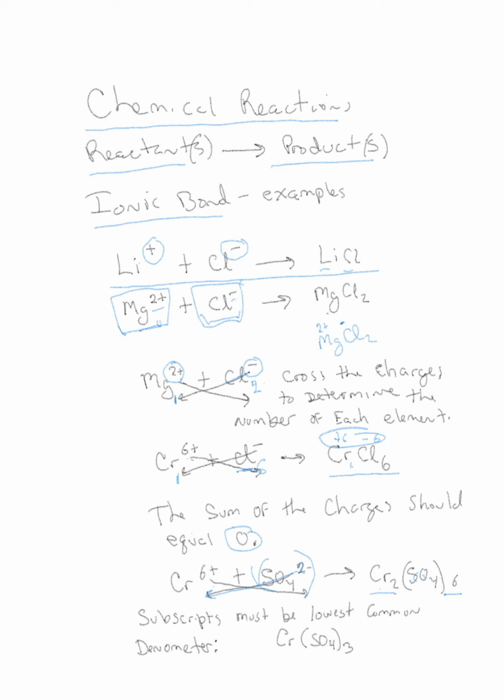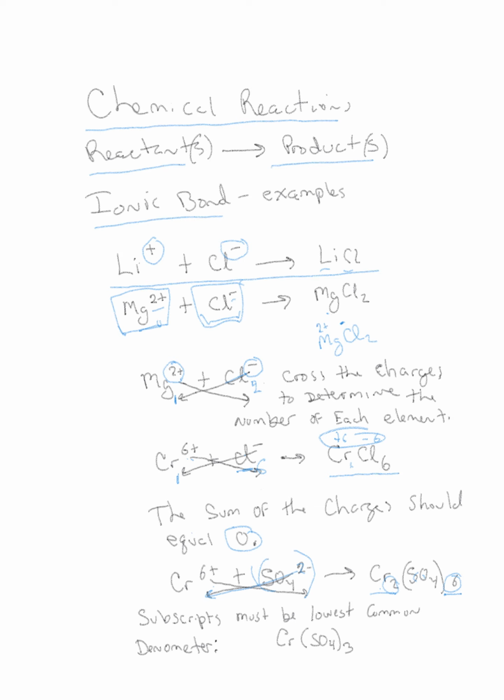One of the rules of writing formulas is that my subscripts, these numbers here, have to be in the lowest ratio. In other words, if I can divide them by a common number, I need to make them smaller.